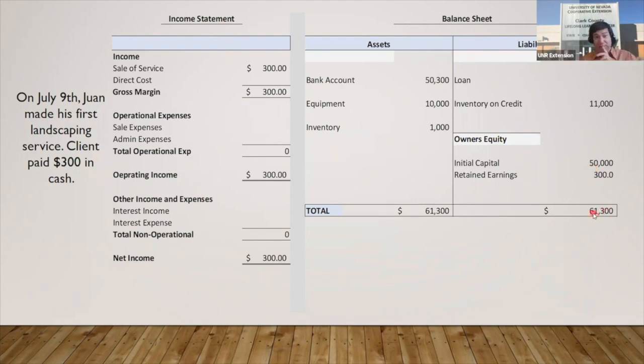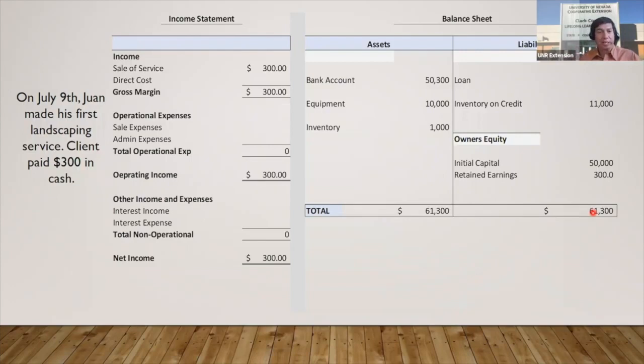This particular transaction is very important because it will help you understand the relationship between the income statement and the balance sheet. After you make money, that's retained earnings and will go into your retained earnings on the owner's equity side.